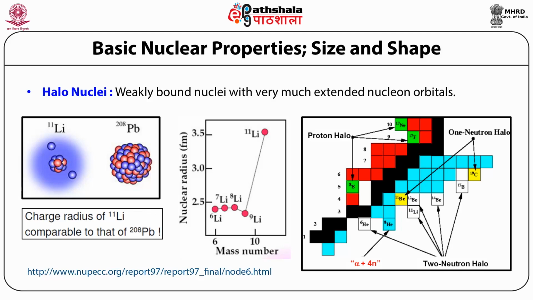In a neutron halo, the neutrons are away from the rest of the mass. If 2 neutrons are away from the rest of the mass, as in the case of 11 lithium, we can consider it a 2 neutron halo. If only 1 neutron is extended, it is called a 1 neutron halo. In a similar way, if 1 proton is extended, it is called a 1 proton halo, and if 2 protons are extended, that nucleus is called a 2 proton halo. So these are the various ways by which we can consider the special nuclei called halo nuclei.